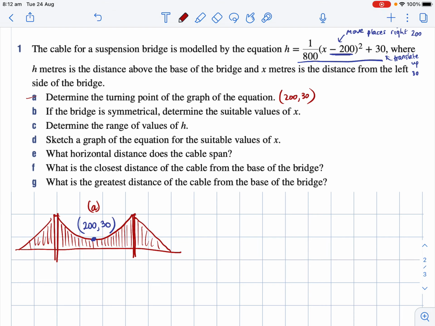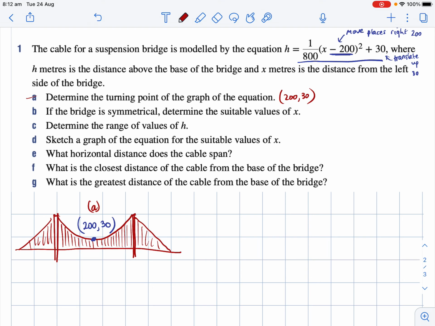Okay, if the bridge is symmetrical, quadratic equations are always symmetrical, so we're going to assume that the bridge is symmetrical. Determine the suitable values of x. Okay, so my bridge is symmetrical. Determine the suitable values for x. How could we possibly do this?